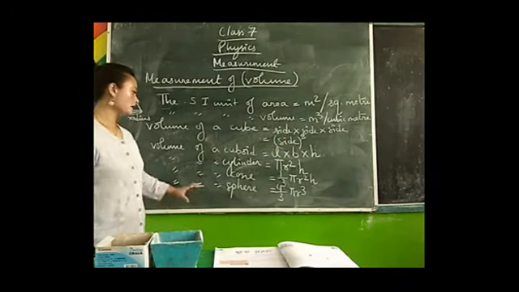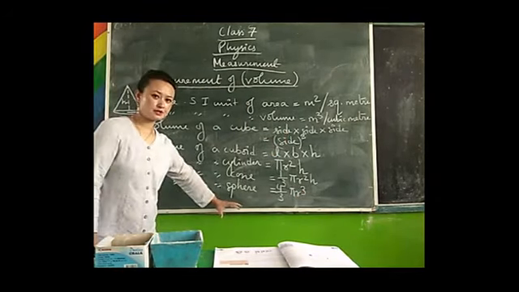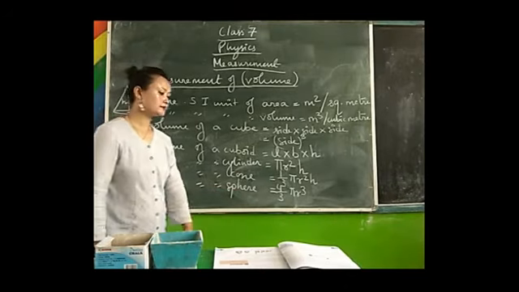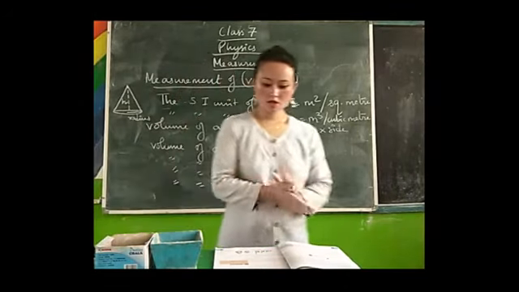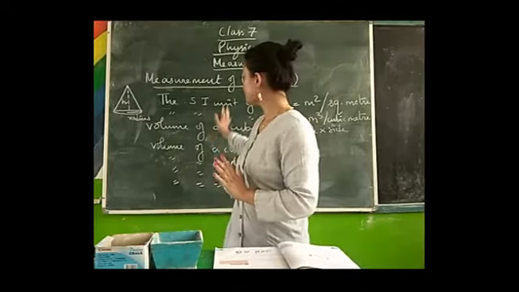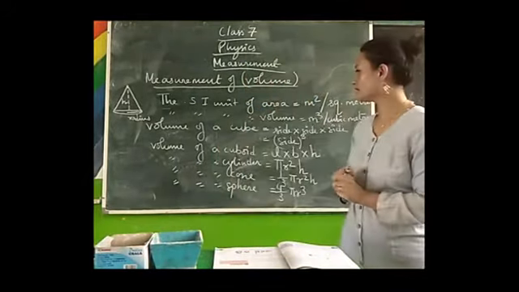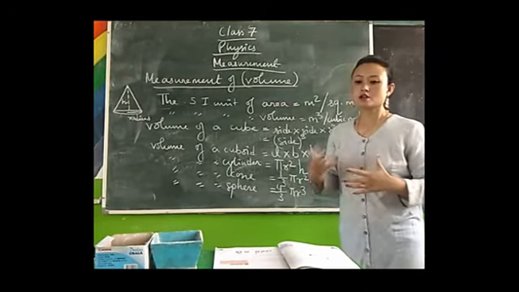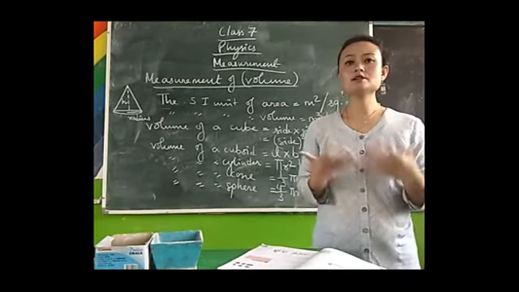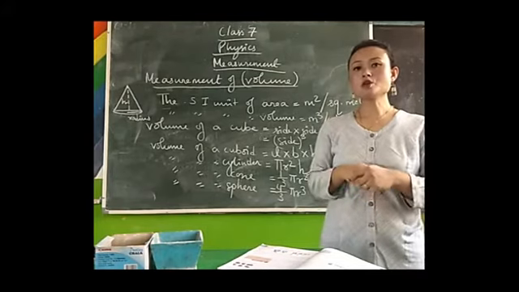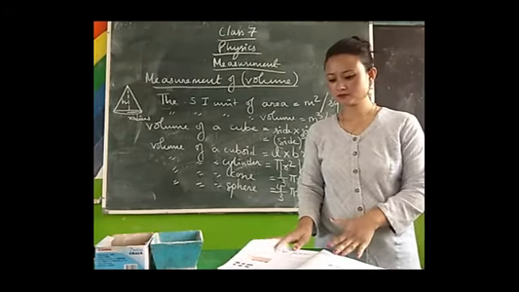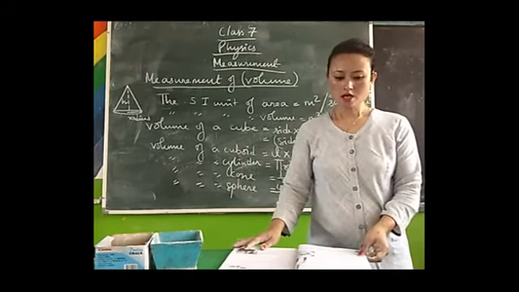This is how we calculate the volume of a sphere. So these are the different formulas for calculating the volume of a solid, any regular solid. Now, how do we calculate the volume of a liquid?